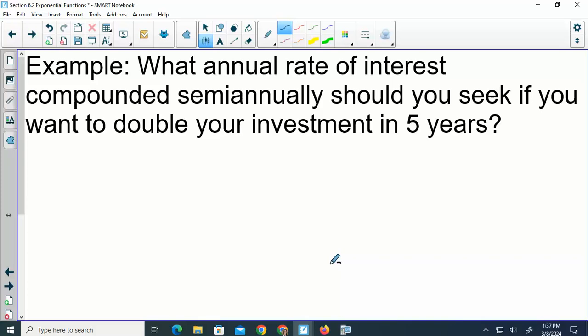What annual rate of interest, compounded semi-annually, should you seek if you want to double your investment in 5 years? So which formula were you using? Continuous one. Did I say continuous? No. So the first one. Okay, we are trying to find the interest rate, so that's our question mark.